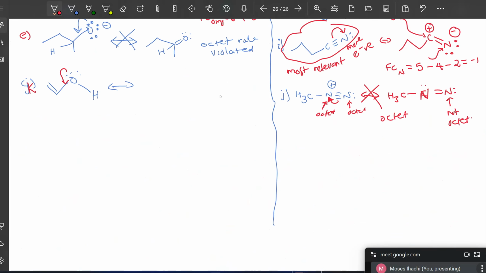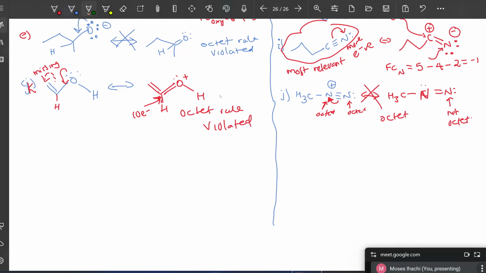In that case, we are going to violate the octet, because if we just do what is done there and stop there, we're going to be in trouble. This carbon has 10 electrons, which is why we always want to do the second arrow. Got it. So if I was just doing this myself, I would make sure to push it twice.